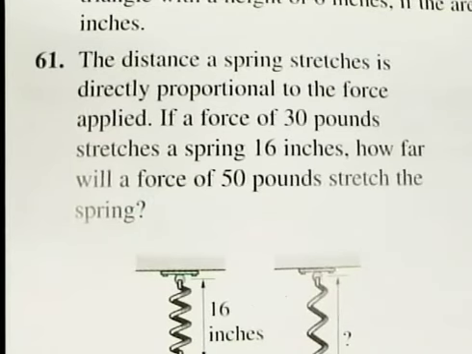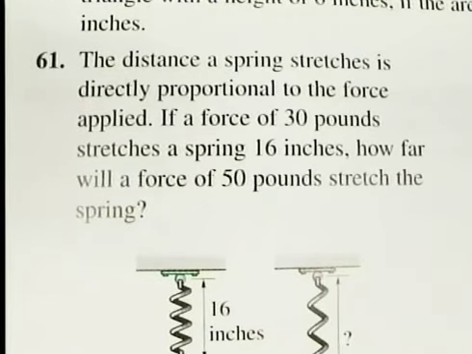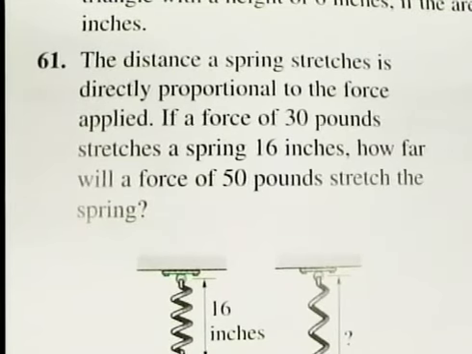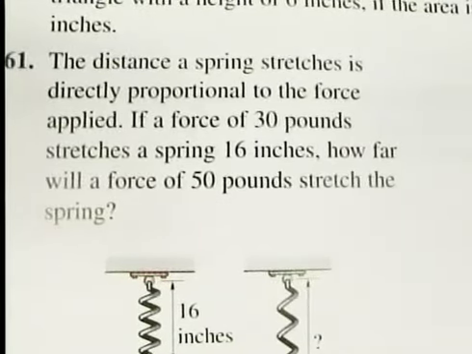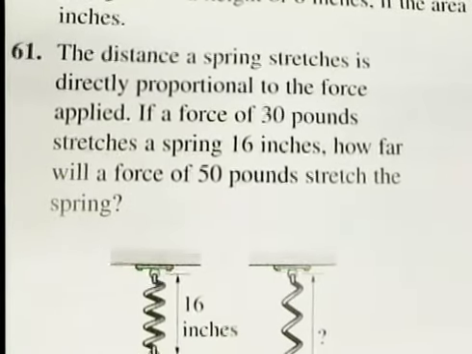Typically in a problem like this, you're given a pair of numbers. Notice, 30 pounds will stretch a spring 16 inches. 30 pounds, 16 inches. Now that allows you to decide on what? The value of k.